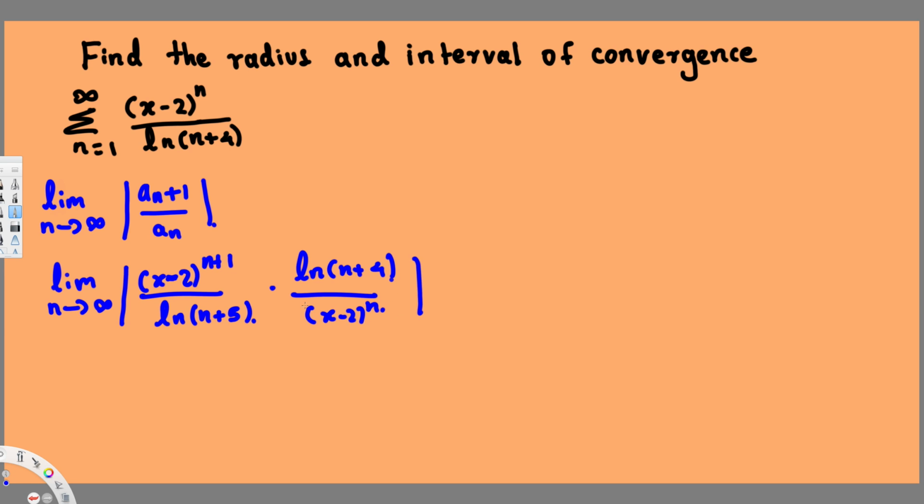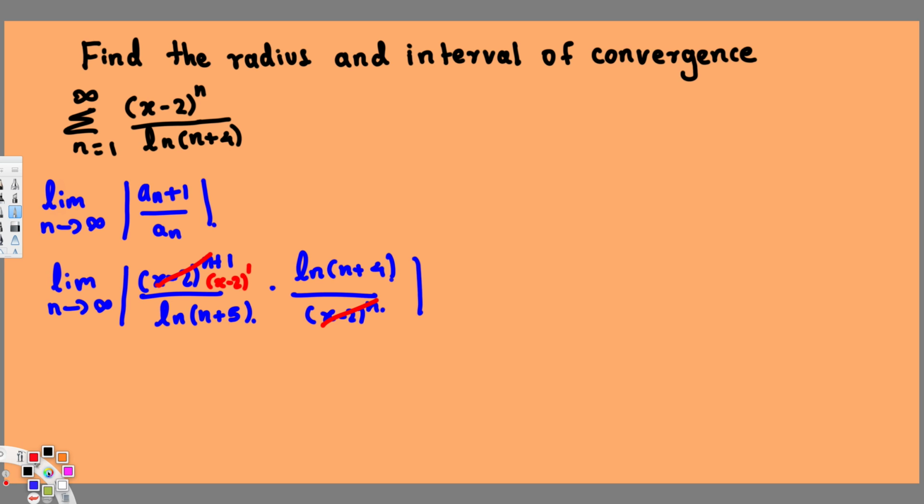And here you can notice that you can cancel these two, (x minus 2) power n, and then (x minus 2) power 1 will remain, and then we have these two will remain, right? Since we are only dealing with n right here, we can move x minus 2 to the front.